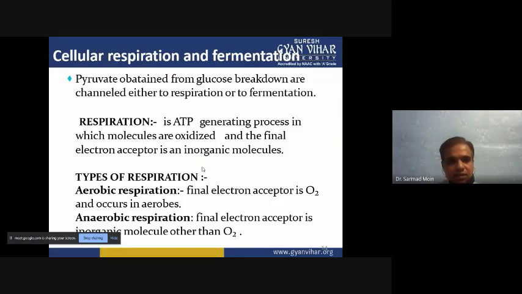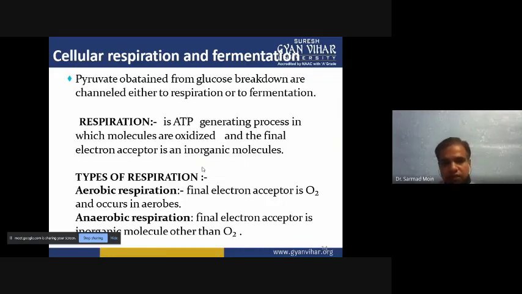So in glycolysis, ultimately we get two molecules of pyruvate. And in respiration, what is there? The ATP generating process where oxygen is required, we call it oxygenic reaction, meaning oxygen is required, and the final electron acceptor is an inorganic molecule.